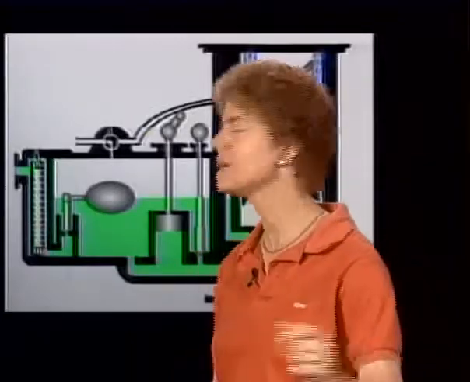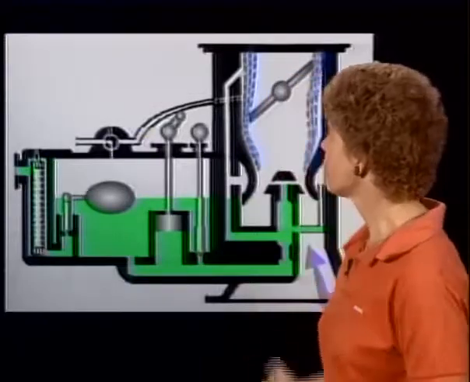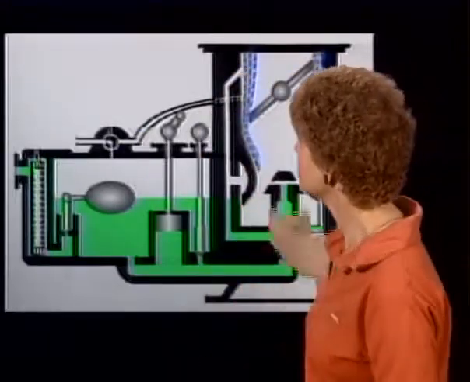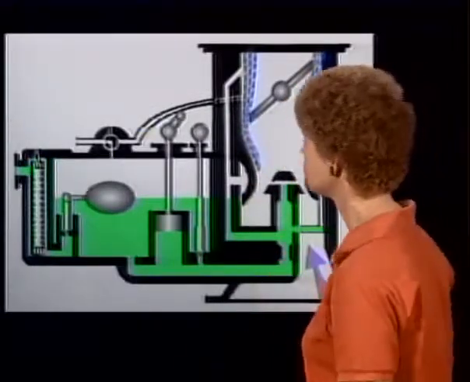Now, the main metering jet over here actually functions as a metering jet at all RPMs above idle range. The fuel metering force, by the way, of a float-type carburetor in normal operating range is the difference between the pressure acting on the discharge nozzle, which is located here in the venturi, and the pressure acting on the fuel in the float chamber.